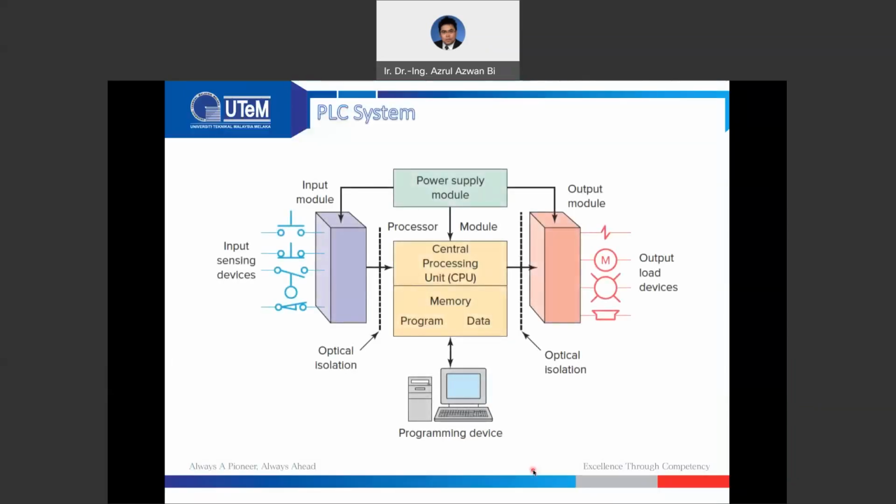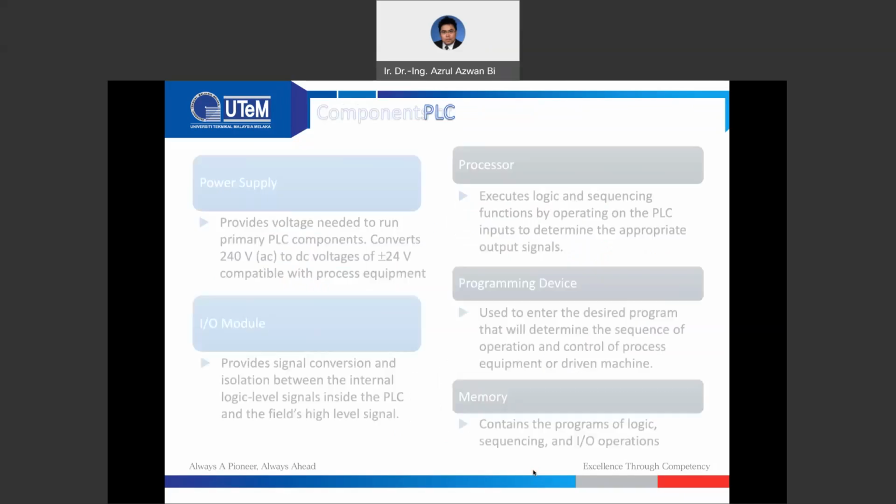Okay, the PLC system, if you take a look, consists of a power supply, a processor module, which consists of the CPU and also memory, an input module and an output module. In order to program this PLC, we need a programming device, either a PC or some sort of programming device like a tablet.